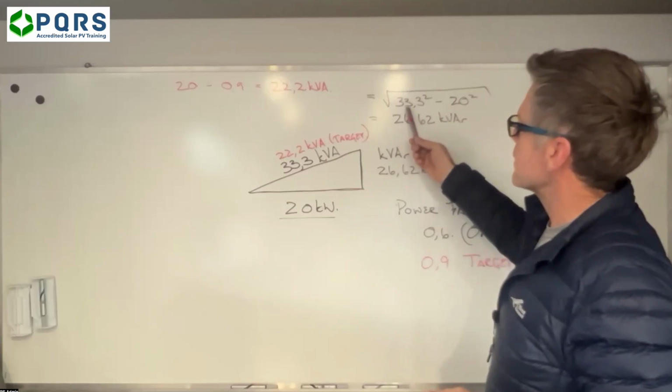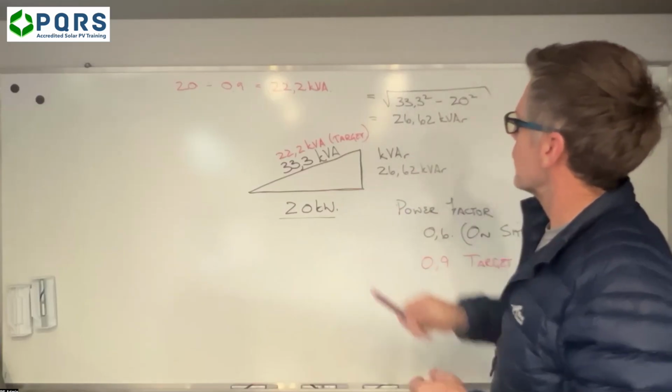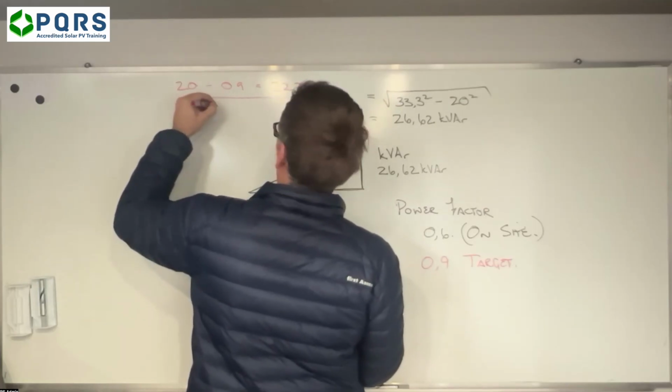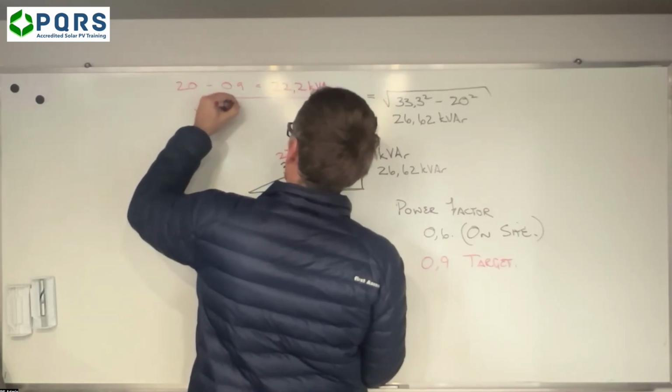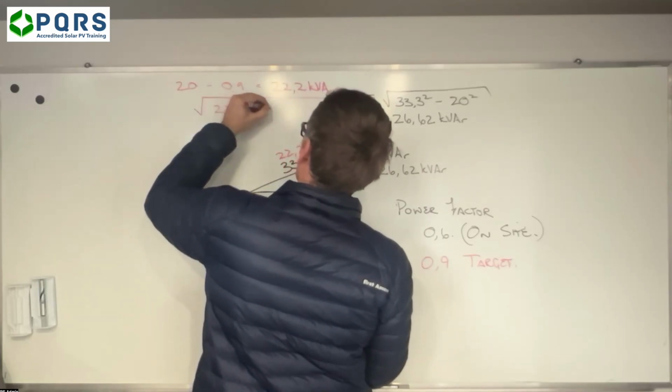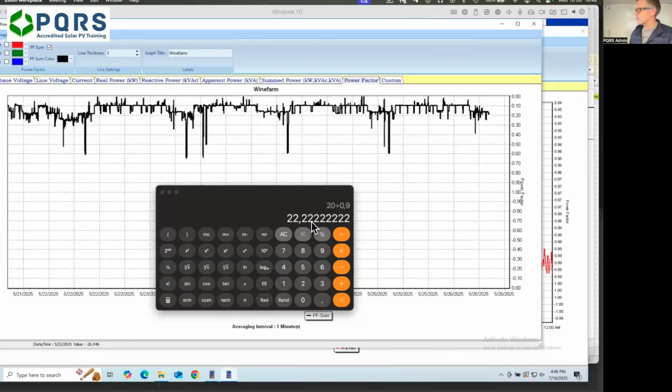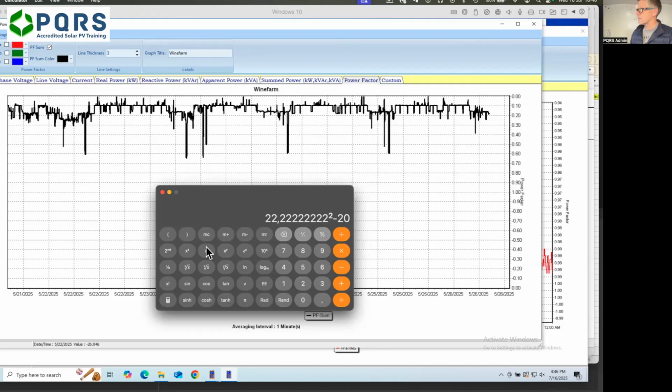We'll do exactly the same calculation where we'll take the square root of 22.2 squared minus 20 squared. So we'll go 22.2 squared minus 20 squared equals 93.83.